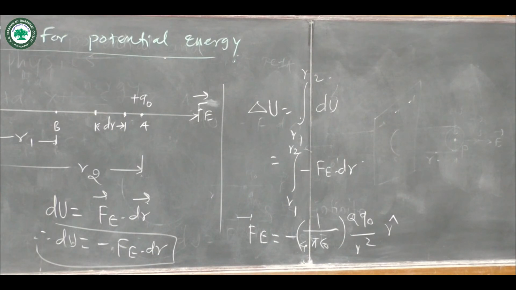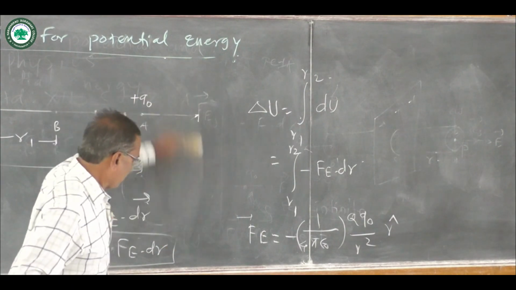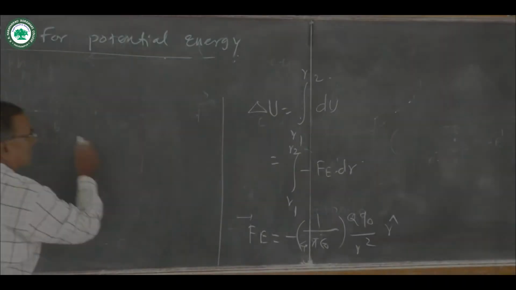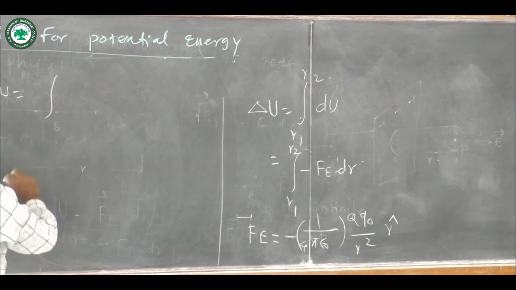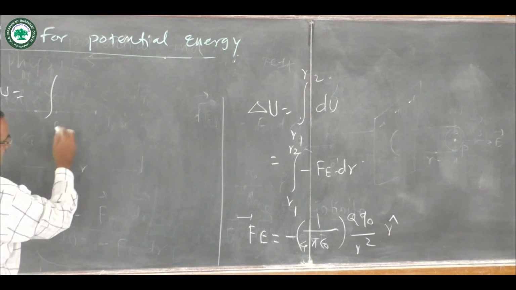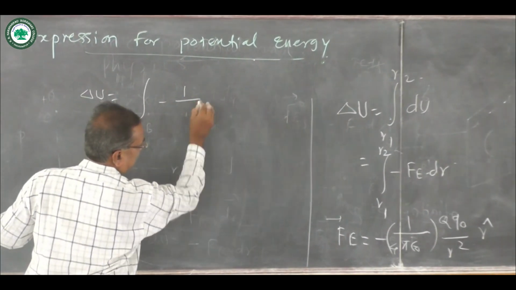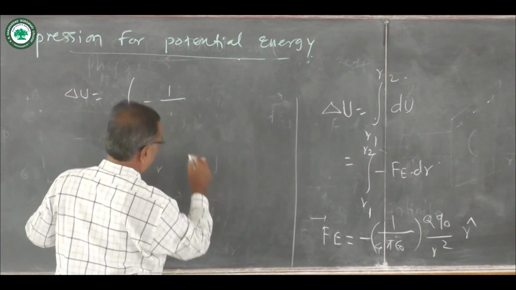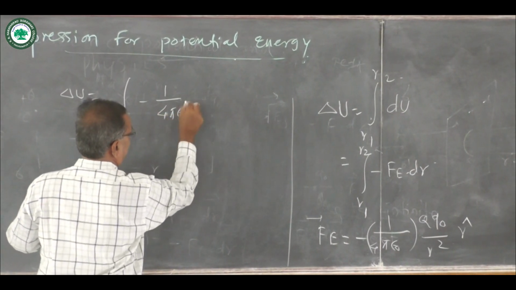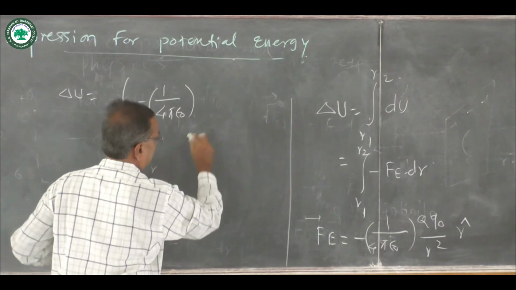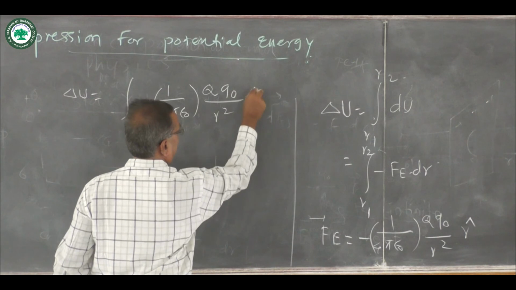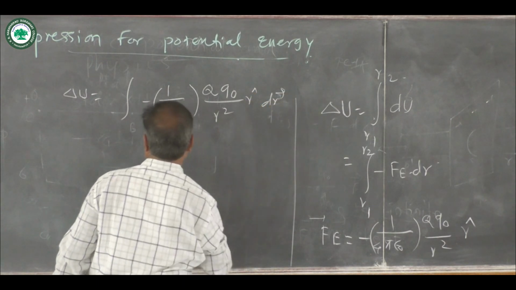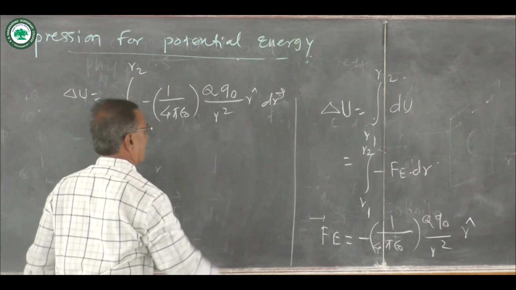So therefore, for a system of 2 point charges, delta U is equal to integration of minus 1 by 4 pi epsilon naught, constant, charge Q Q0 upon r square, r cap into vector dr, limits r1 r2.